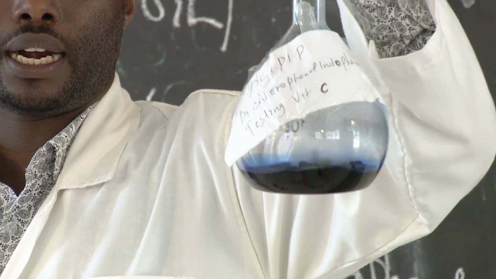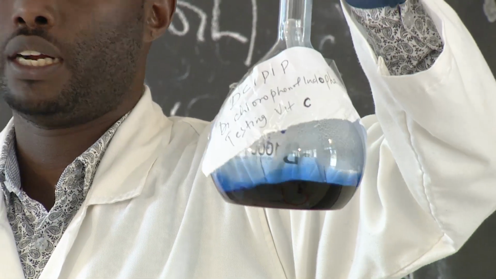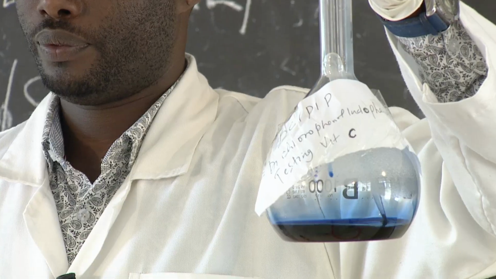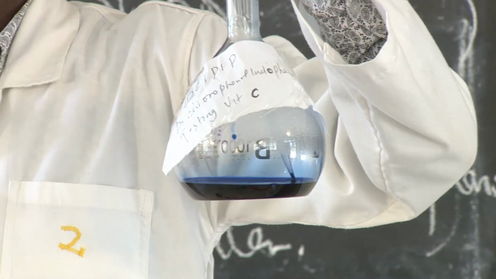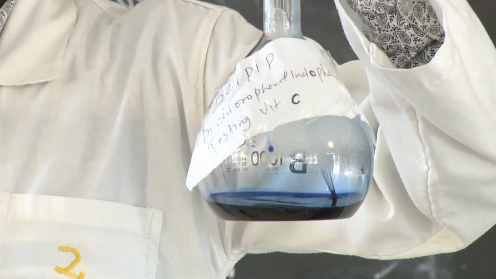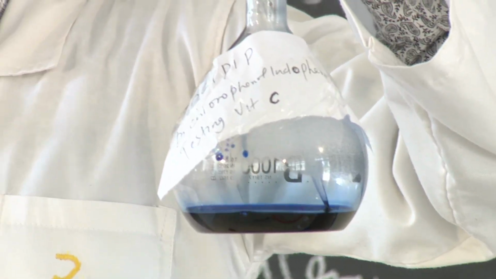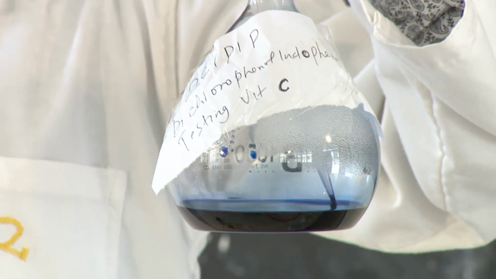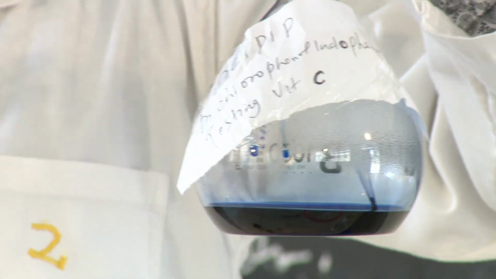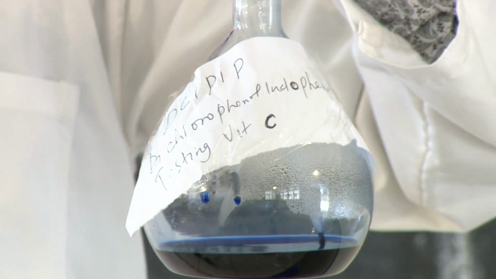The color of DCPIP is blue. When there is a presence of vitamin C, the blue color of DCPIP disappears into colorless. That will test positive that vitamin C is present in the solution.